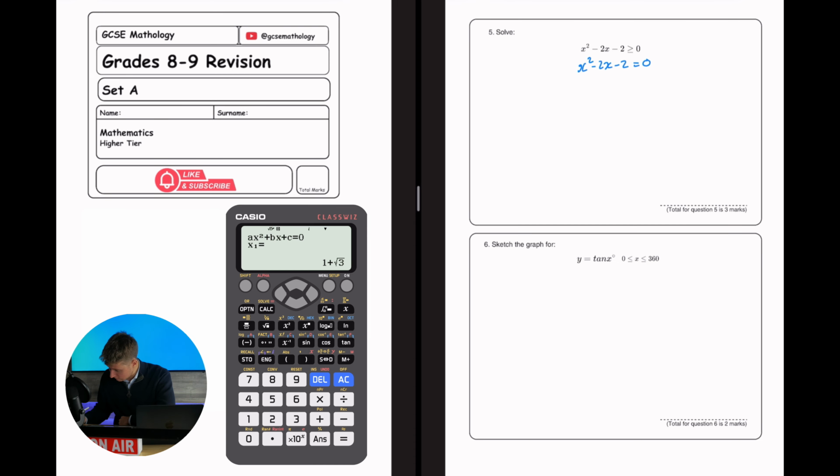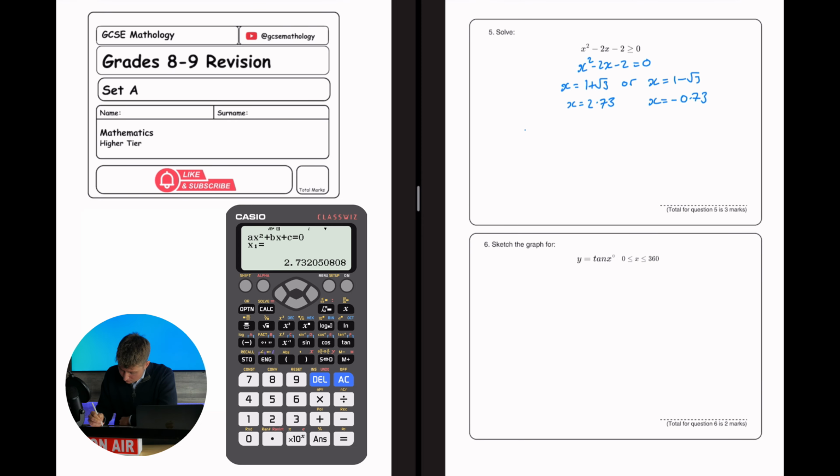So this gives us x, which is equal to 1 plus root 3, or if we press equals again, we'll get the other x value, 1 minus root 3. So 1 minus root 3 is equal to negative 0.73, and 1 plus root 3 is equal to 2.73.